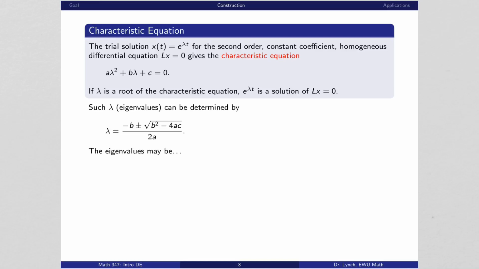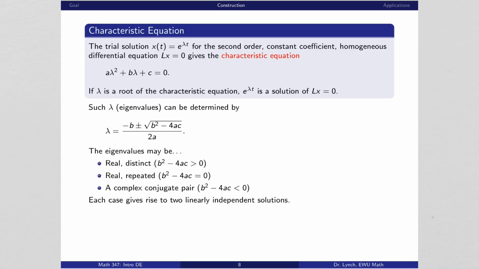Okay, so again, these lambdas are called eigenvalues. And we know from our study of algebra that eigenvalues, or roots of this quadratic, might be real repeated, real distinct, or a complex conjugate pair, depending on the value of the discriminant, that is b squared minus 4ac.